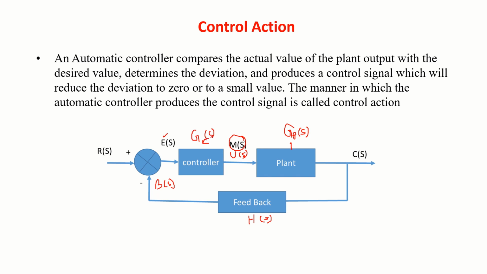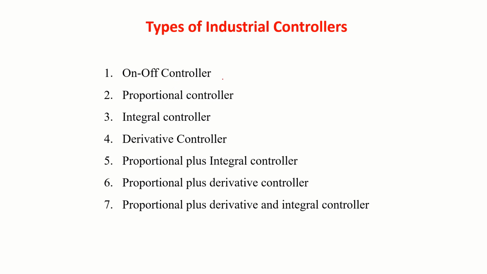So let us see how exactly the control action is created by the controller. Means what kind of signal it gives, how exactly the signal actuates the actuator and controls the plant variable. We have the on-off controller, as I mentioned earlier, and these are the 7 different types of controllers.